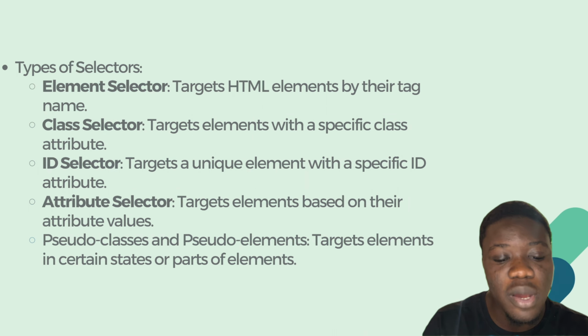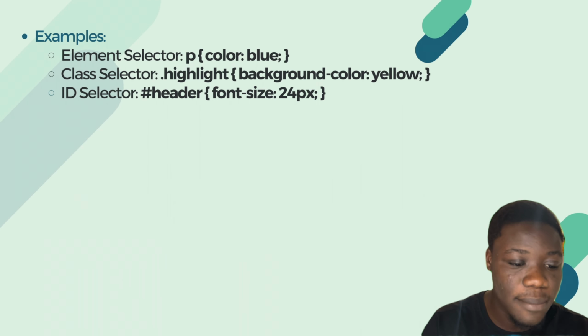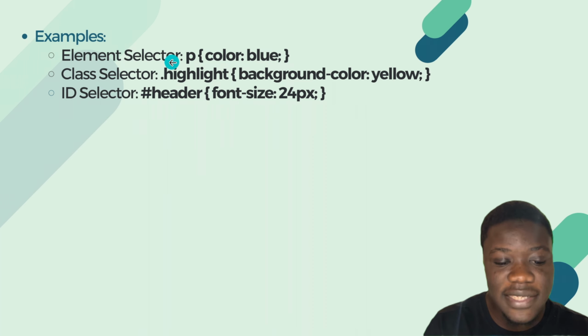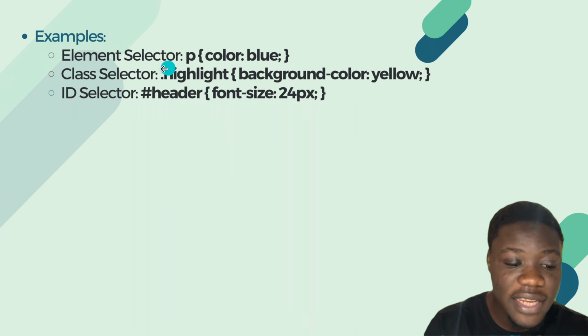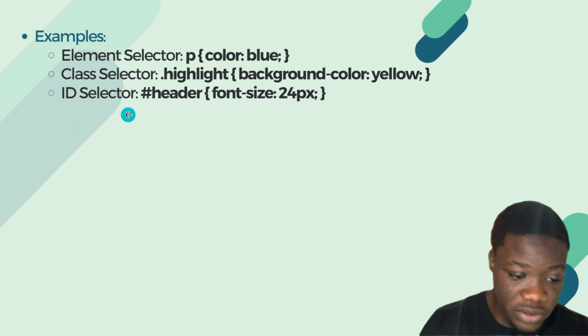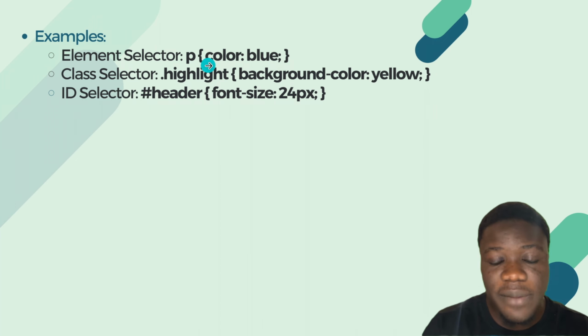Let me give an example about that. This is an example. So you see, this is an element selector, right? There's an element selector, there's a class selector, and this is the ID selector. What is the difference between them?